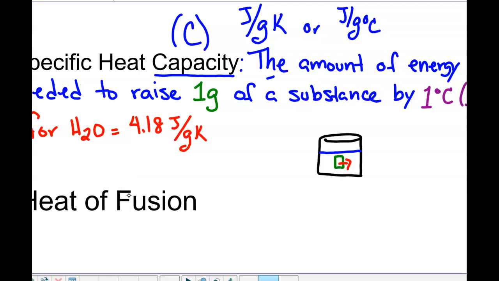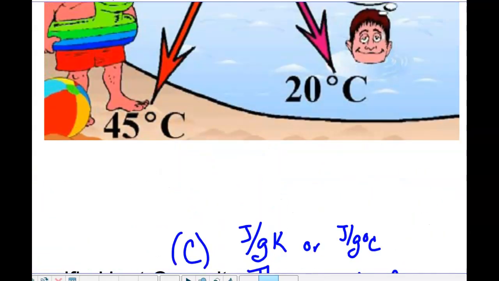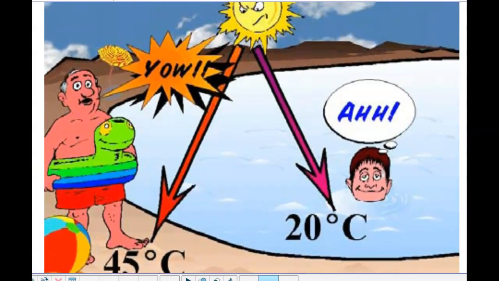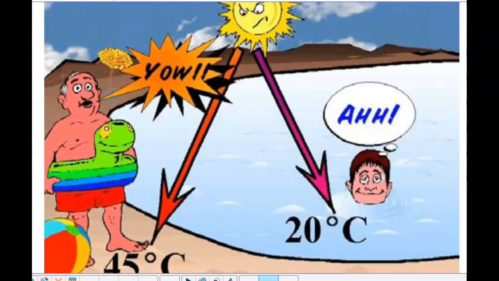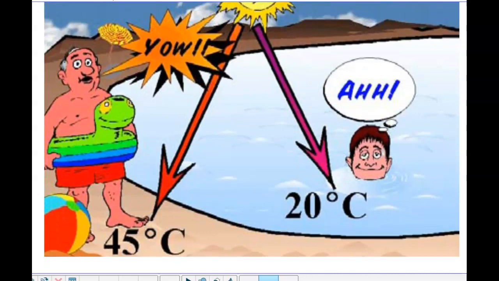Now, sand versus water, let's go back up to our example here. Water has a particularly high specific heat capacity. So what that means is that it takes a lot of energy to change the temperature of water compared to the amount of energy, the amount of heat that it takes to change the temperature of the sand.